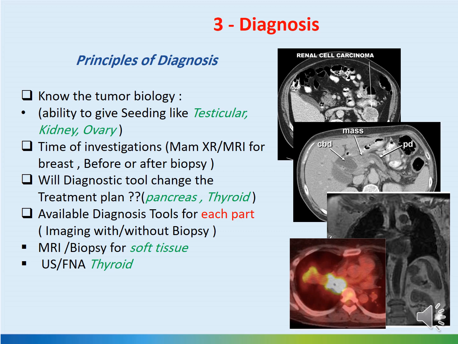Yes, some tumors, like these three, have a high risk of spreading outside the primary tumor when we do a needle biopsy. So in these three cases we have to avoid needle biopsy and go for another type of biopsy, like excision biopsy.